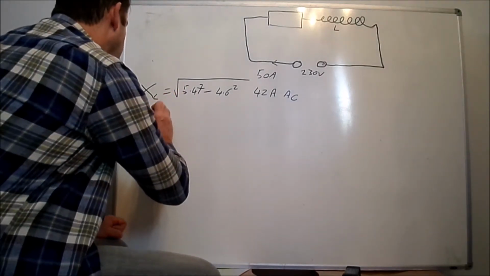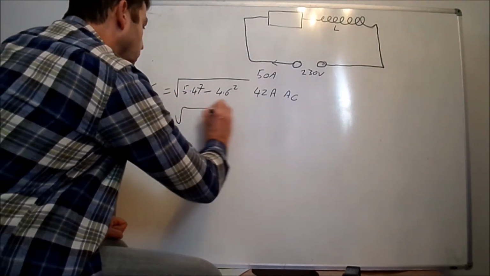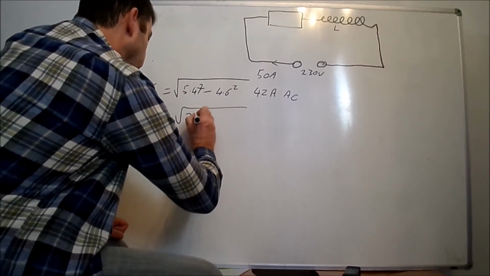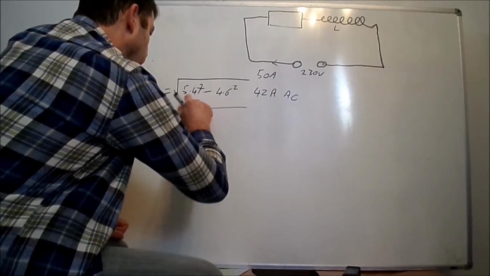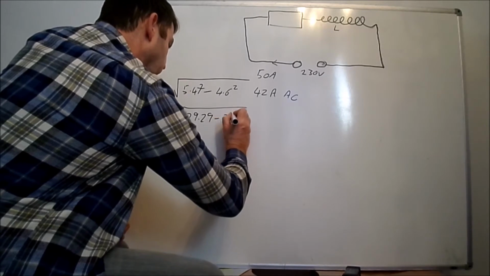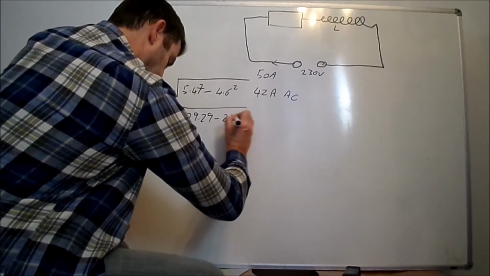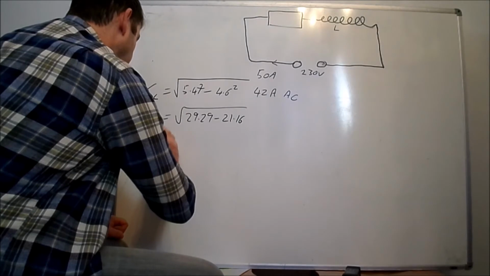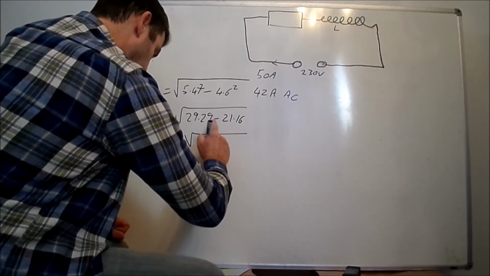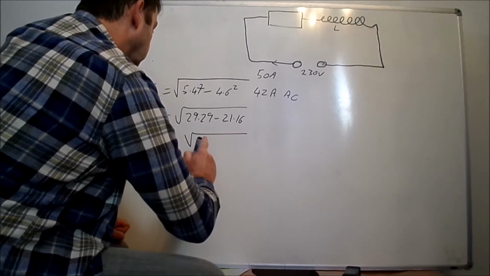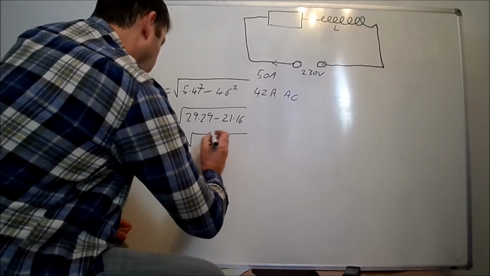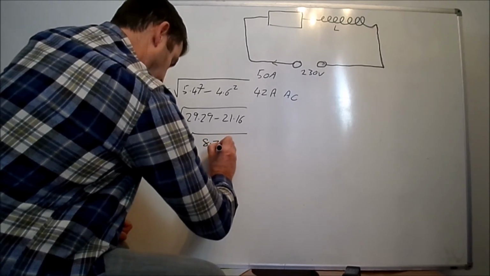So XL is equal to the root of, and we just total up these numbers. 5.47 squared is 29.92, subtract 4.6 squared, which is 21.16, and that'll give me 8.76.